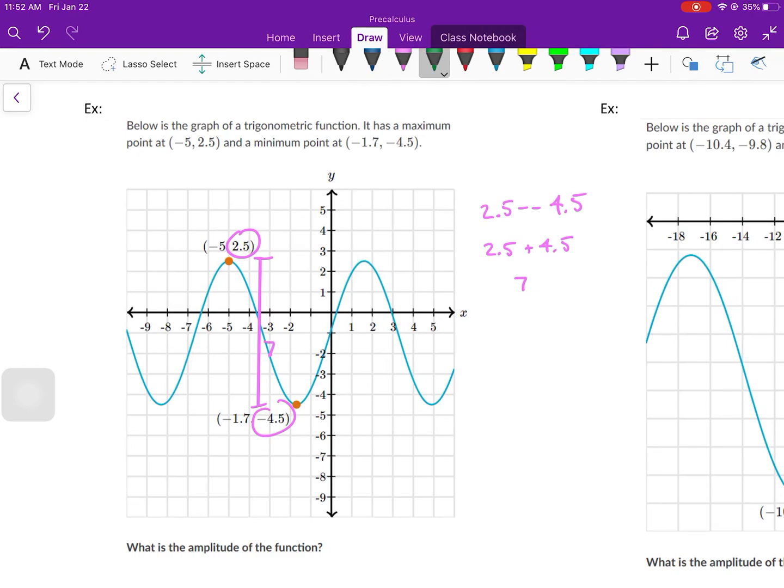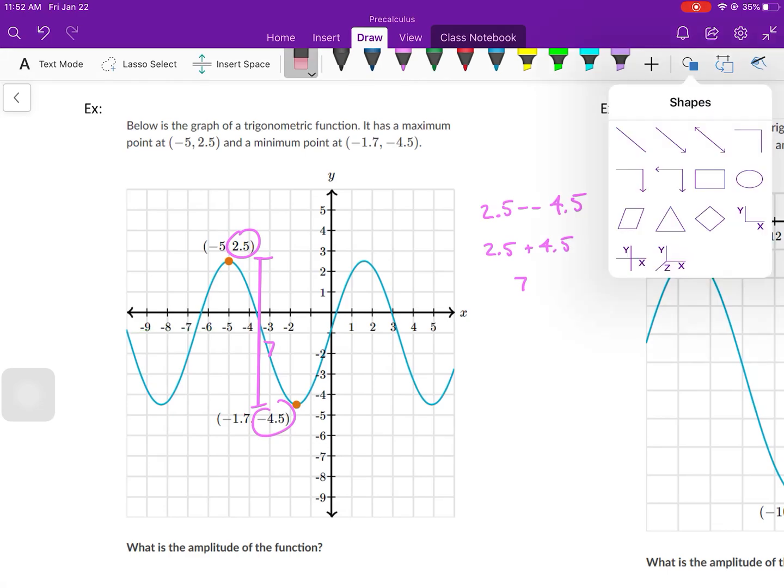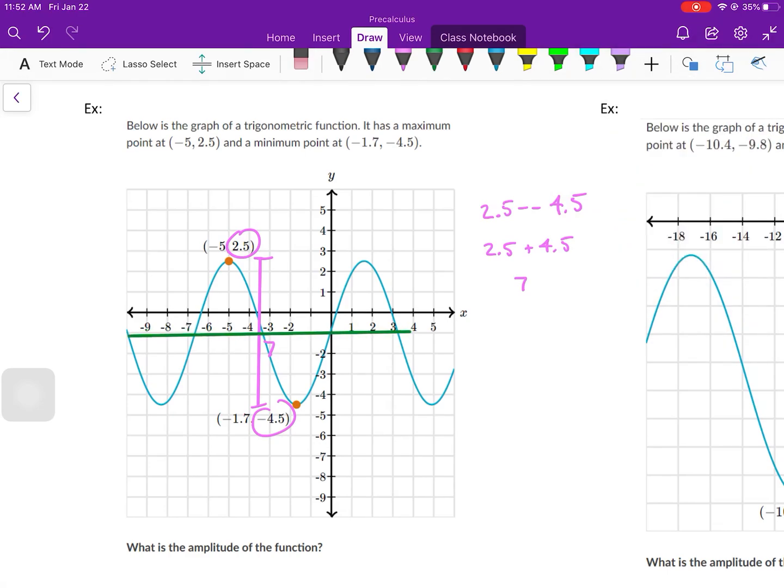So we want to figure out, okay, if our midline is right here, so we want half of that distance. Our amplitude is just half of 7.